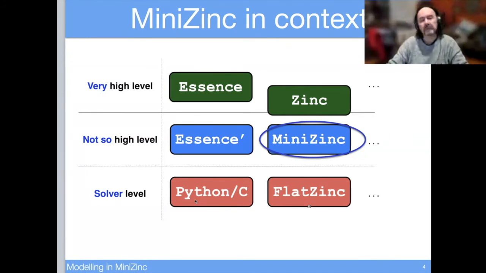But MiniZinc was cut down a bit. The good thing about MiniZinc is it's supported by many, many solvers. It maps to FlatZinc, so it maps down to the solver level. There are all these languages for modelling at various different levels, and I'll show you MiniZinc, which is fairly high level, but not as high level as some other languages out there, like Essence.